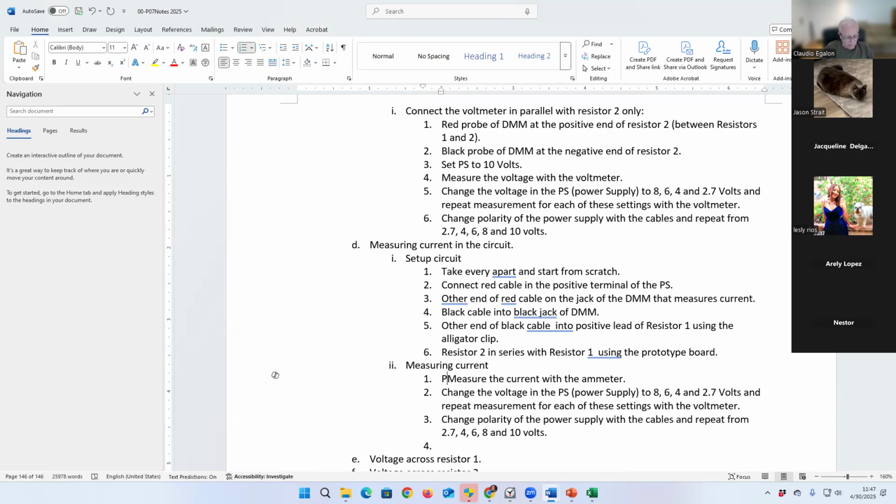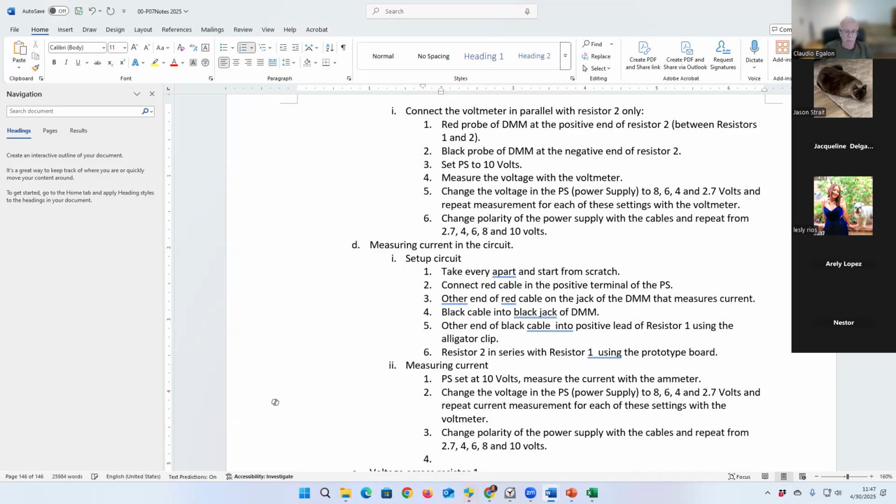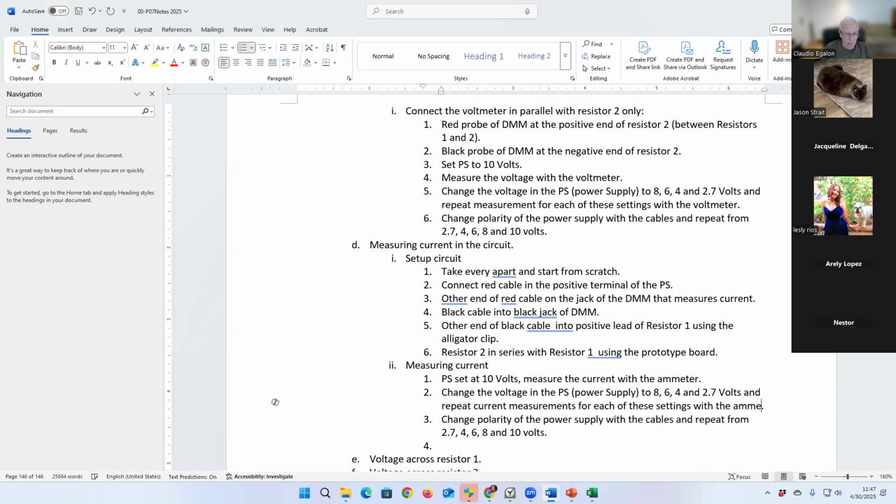PS set at 10 volts. Measure the current with the ammeter. Change the voltage in the PS to 8, 6, 4 and 2.7 volts, and repeat current measurements for each of these settings with the ammeter.